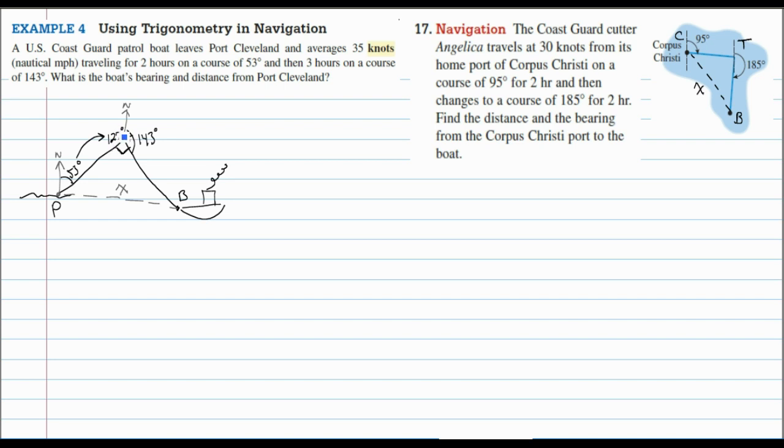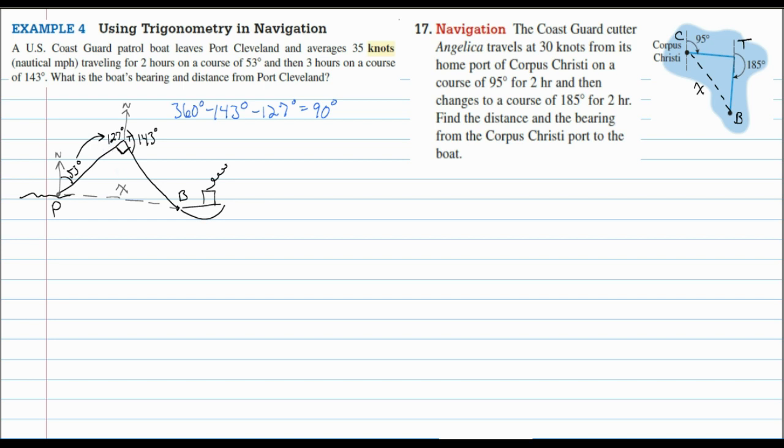So this angle here is 127 degrees. This angle here is 143 degrees. To find this one, we can take 360 degrees minus 143 minus 127, and we'll get that that is 90 degrees. Fortunately for us, this is a 90-degree angle, and we can use right triangle trigonometry.